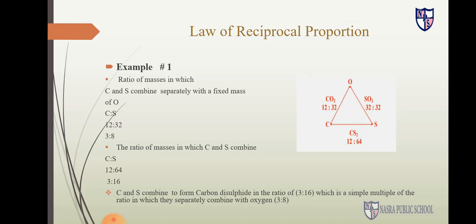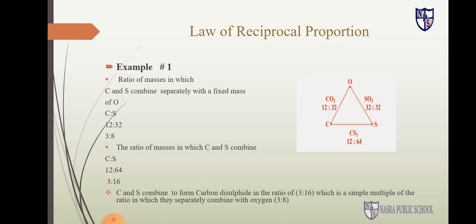Now when carbon and sulfur combine with each other, according to law of reciprocal proportion, the ratio of their masses should be same or multiple of the masses when they combine with oxygen.